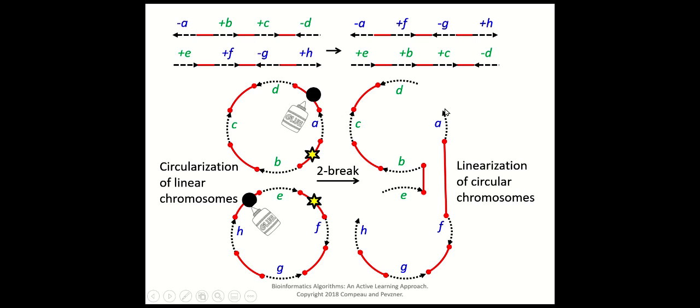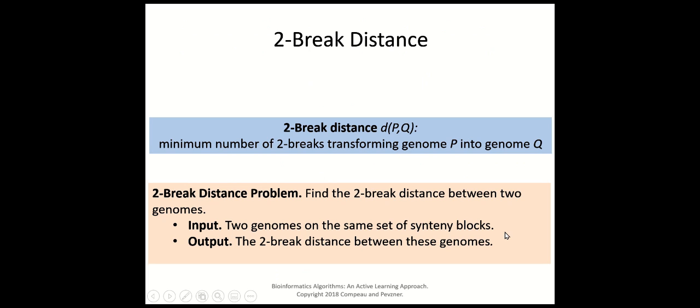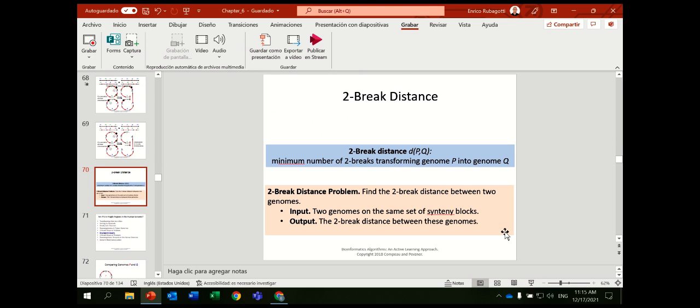But if I break the connection between D and A, where I have the glue originally, I'm going to linearize the two circular chromosomes. Now, okay, you see.